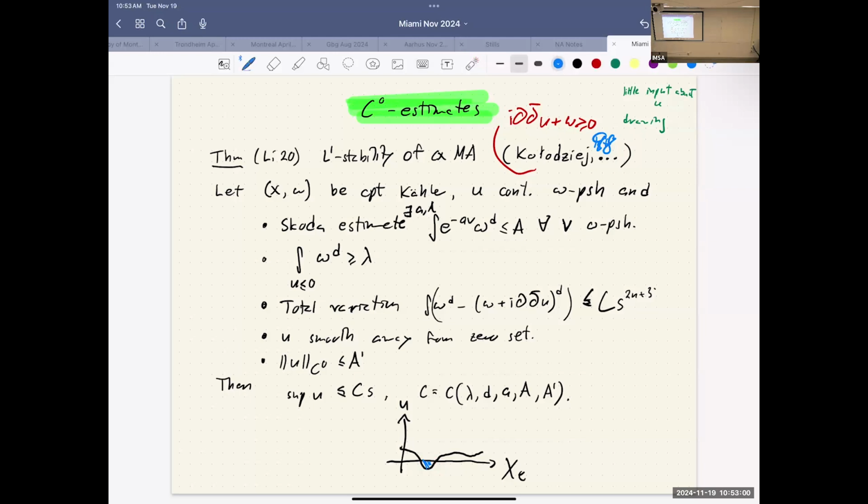And what this says then is that the supremum, this line here, is going to converge to 0. So one way to say this is that u can only deviate from its maximum on a very small set. So with large probability, u is close to its maximum.